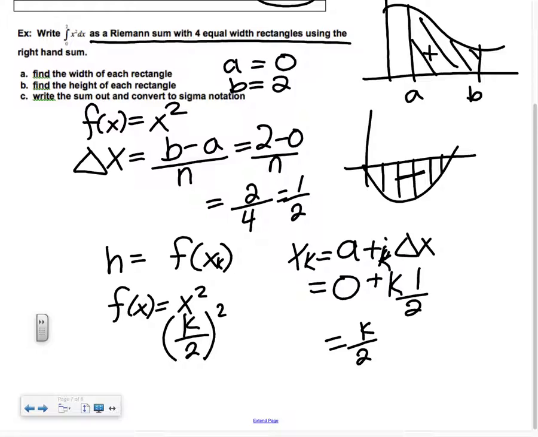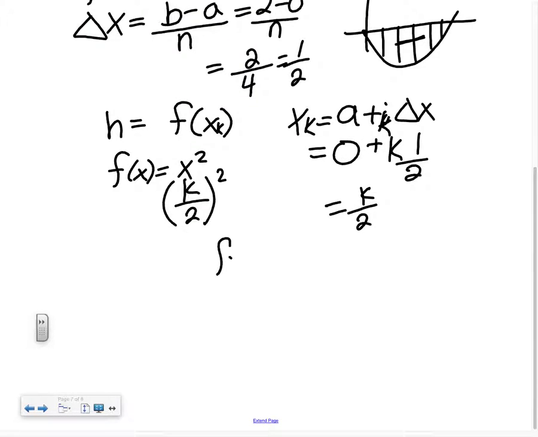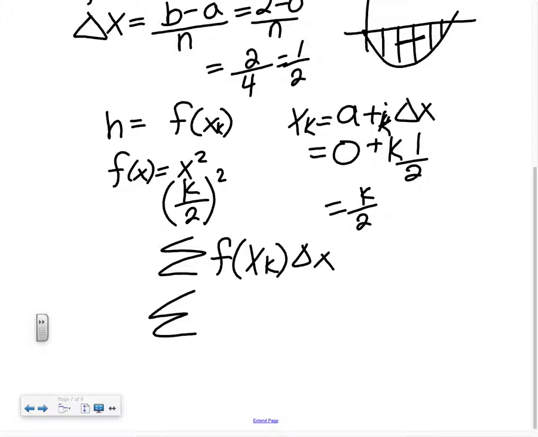All right. And my last step is to write it as a sum. So I'm going to do my sigma, because as a Riemann sum, it's f of xk times delta x, and I'm going to sum this thing. I can do a left or right, and they didn't specify, so I have my choice, so I'll do left. So I'll let k go from 0 to 3.